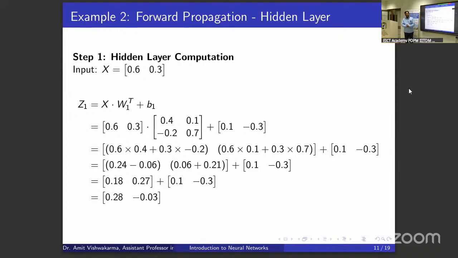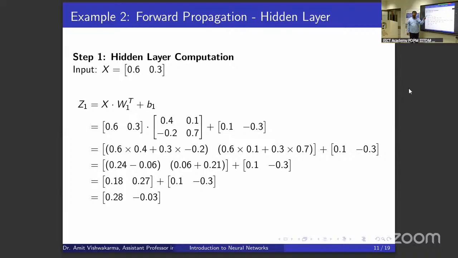So start with step 1, hidden layer computation. This is the input layer, this is the hidden layer, this is the output. What will be the output of the hidden layer? We call the output of the hidden layer Z1.